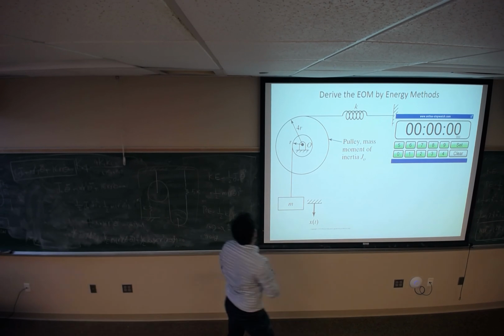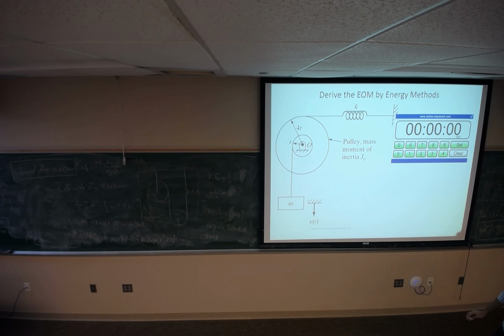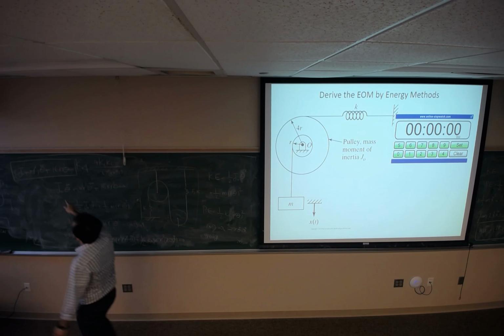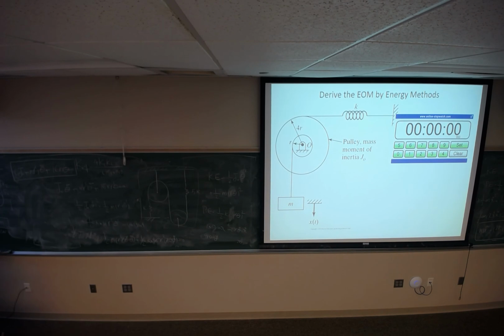For this system, the equivalent stiffness is 16 K R square, and the equivalent mass moment of inertia is J naught plus M R square.